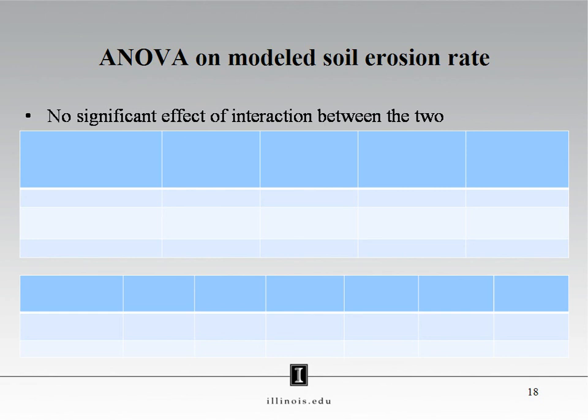The ANOVA test on the modeled rate of the soil erosion showed the significant effect of the LRR and practice on soil erosion rate, while there was no significant effect of the interaction between the LRR and practice.